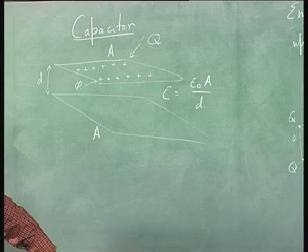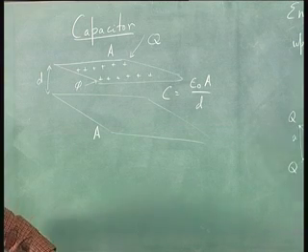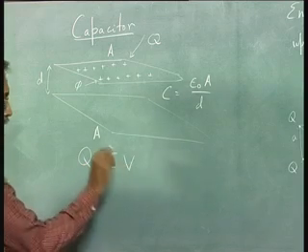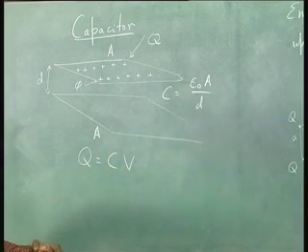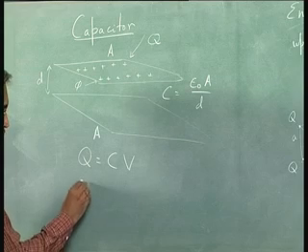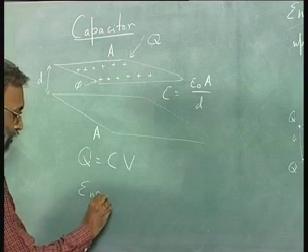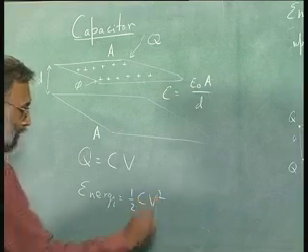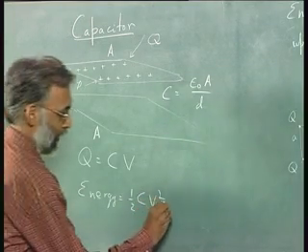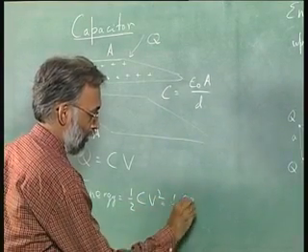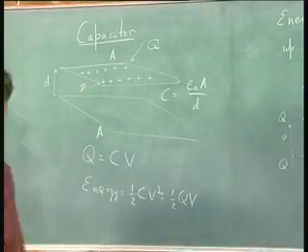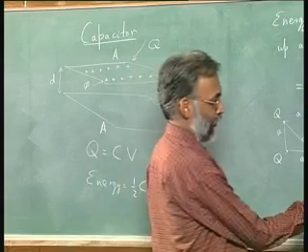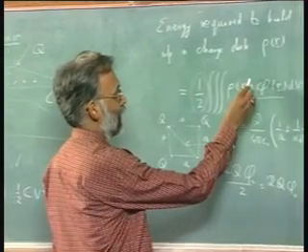So you have seen the formula Q equals C times V, and you have seen the formula that energy equals 1/2 CV squared, or is equal to 1/2 Q times V. Now, if you look at this formula, you can see that it is essentially the same thing.